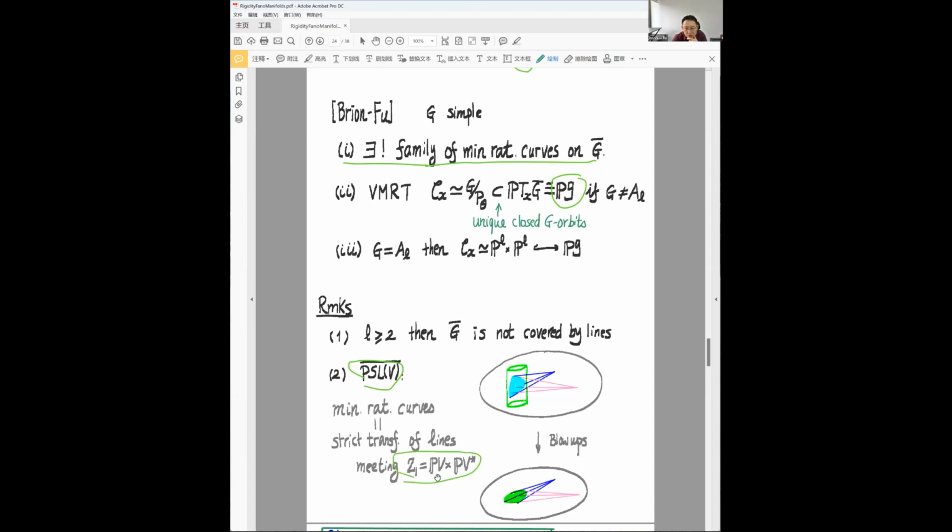The first stratum is just the product of two projective spaces. And then you successively blow up the bigger strata. And this is why each VMRT is just this one, because you blow up this blue part, and then you get the transformation of this line. This line will give you the minimal rational curve on the blow-up.